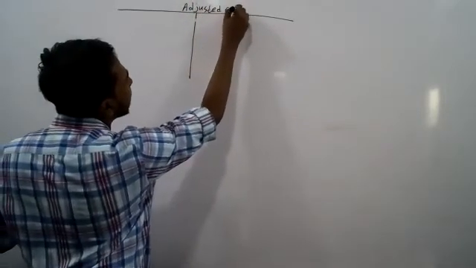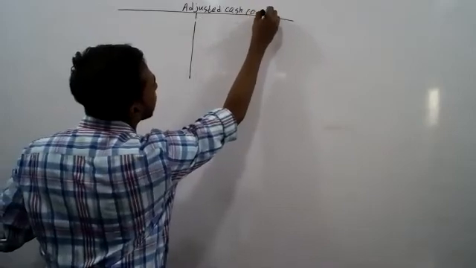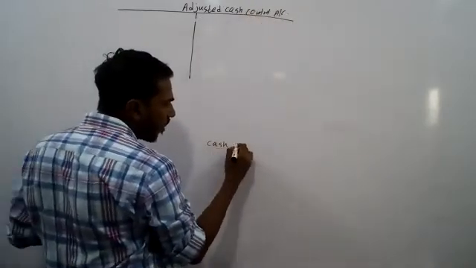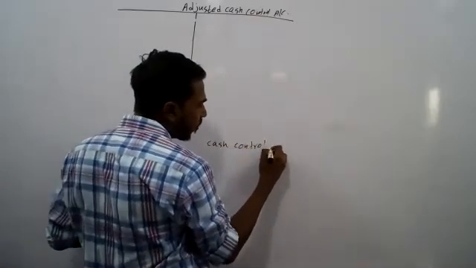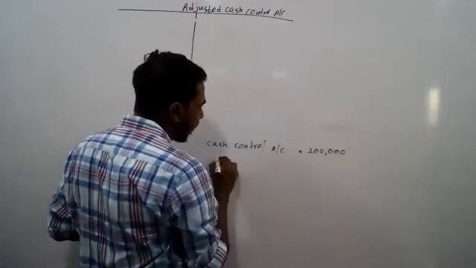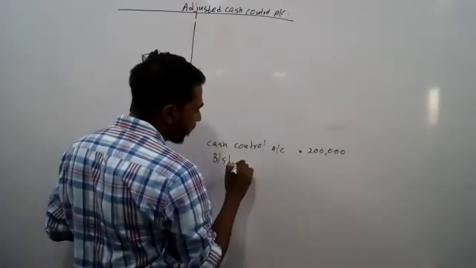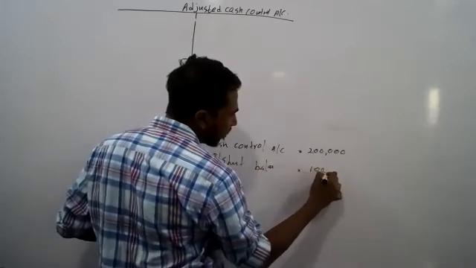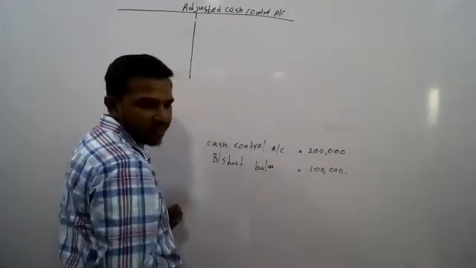This is my adjusted cash control account. We'll say the cash control account balance is 200. Then the bank statement balance is rupees 100. Now this is the difference.